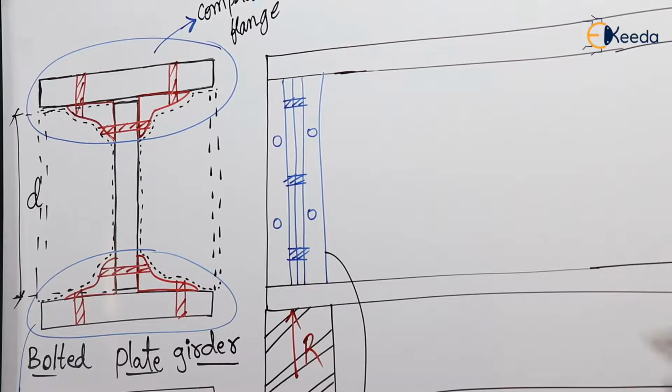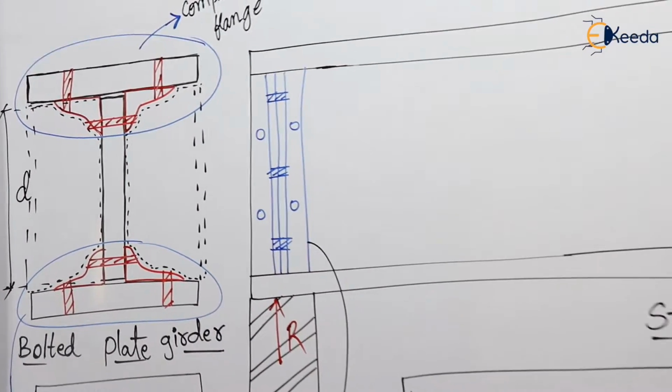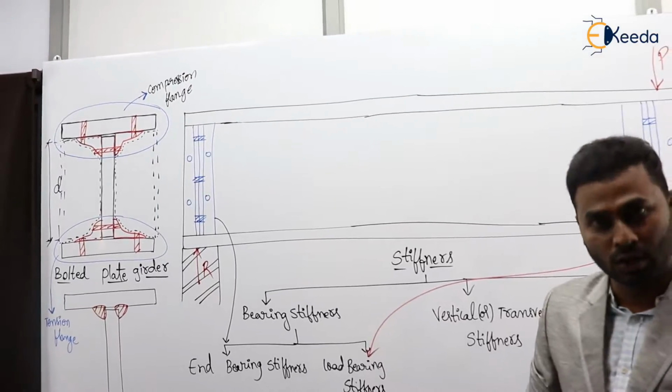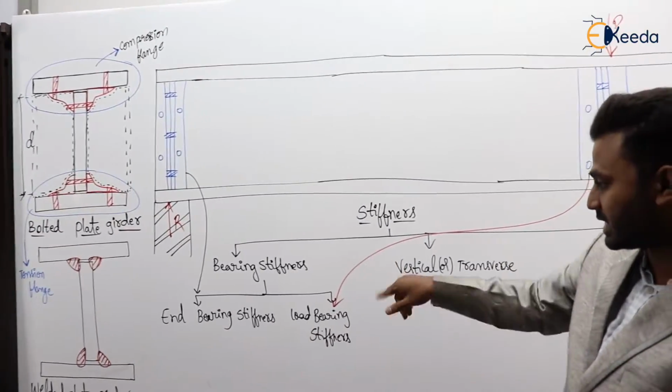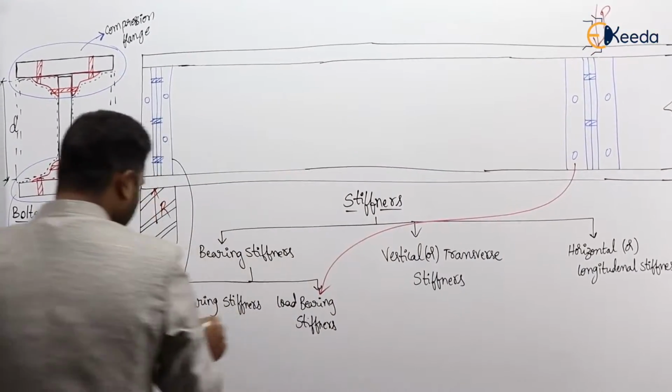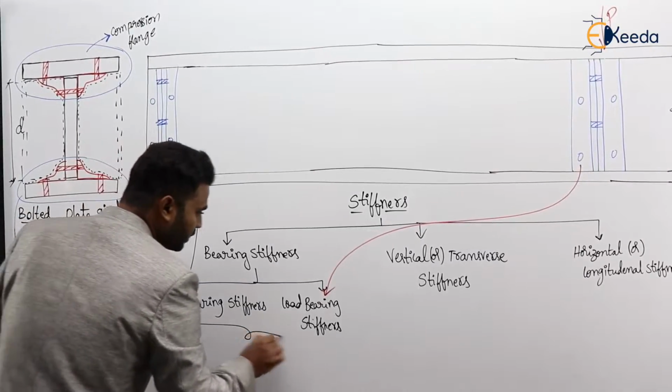Okay, so now this is the function. Its function is to prevent web crippling failure due to heavy concentrated load. So here itself I am writing that. What is the main purpose of providing this bearing stiffener?